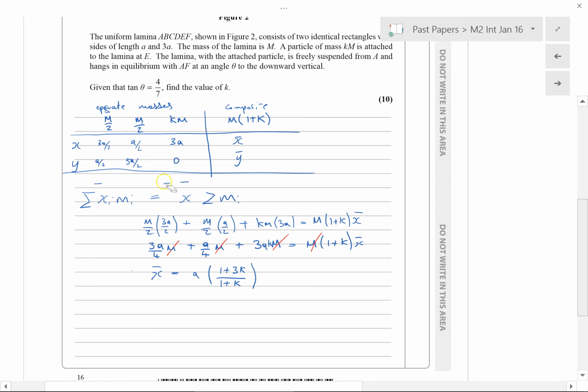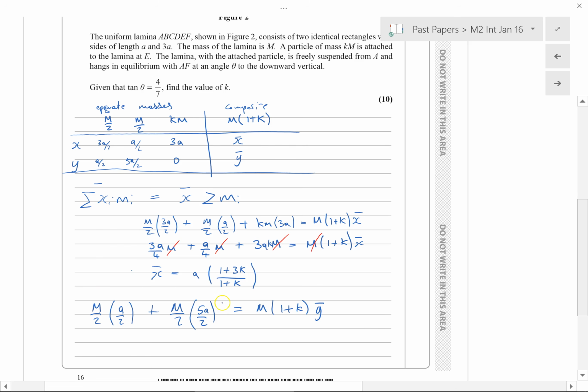Okay, so let's do a similar thing for the y. We have m over 2 times a over 2 plus 5a plus m over 2 times 5a over 2 equals m 1 plus k times y bar.